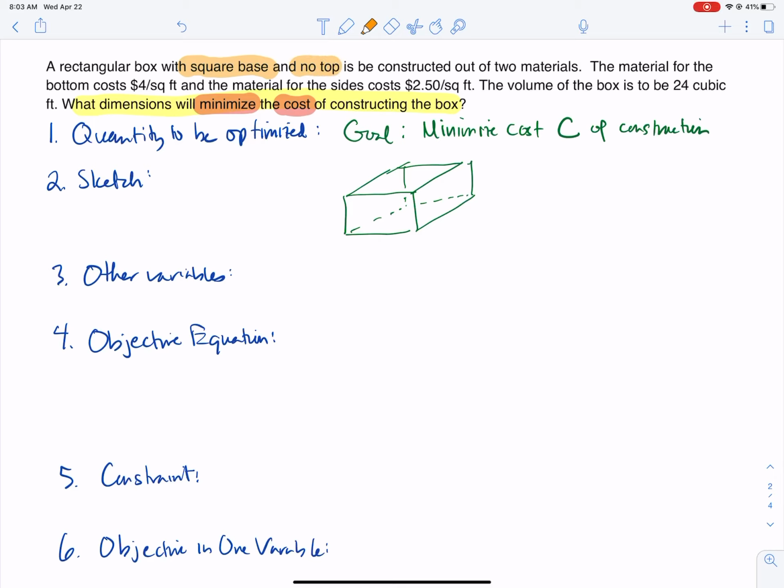And so I want to think about the square base. And so the square base tells me that length is going to be equal to width. So if I'm trying to come up with my other variables, I don't need to have a separate variable for length and width. I'm just going to call them both x.